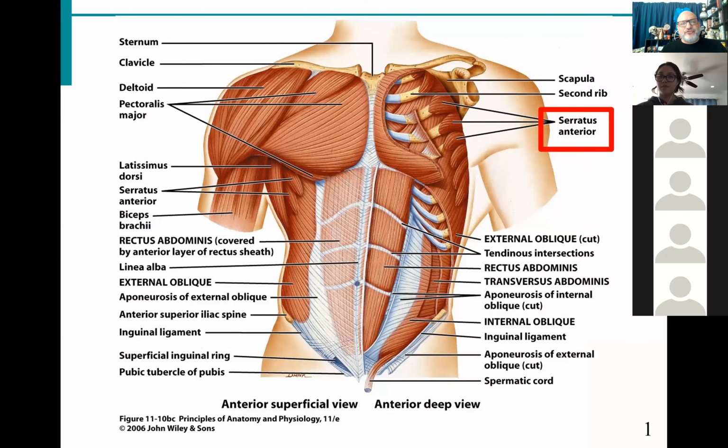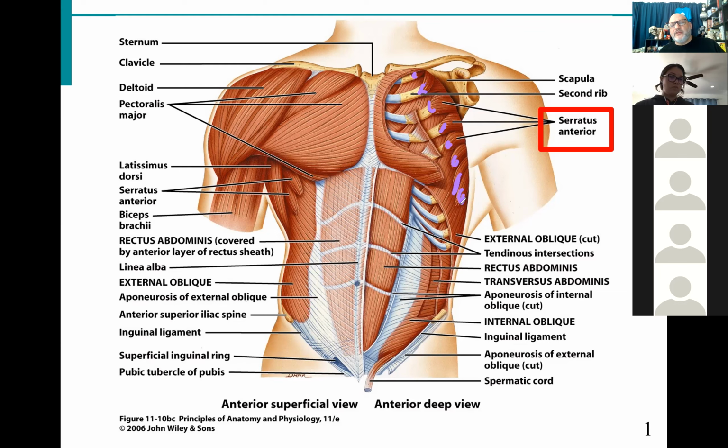Let's look at another interesting muscle, and that is the serratus anterior. Notice the serratus anterior. What is the origin of the serratus anterior? The ribs. Which ones? Are you just going to say the ribs on the exam? No. Exactly. You are going to say the ribs 1 through 8. So notice, we see these muscles that attach.